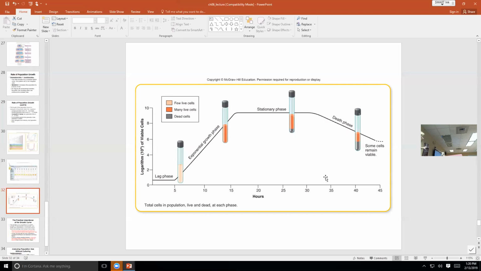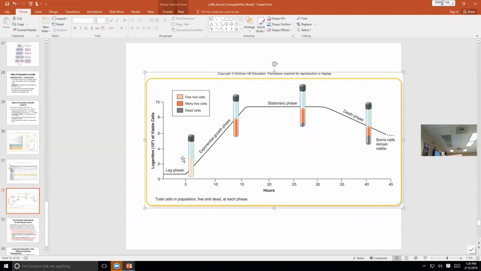What I want you to get from this is this: where we can most effectively treat disease-causing microorganisms with chemotherapeutic agents is when they're in this phase. They're most responsive to drugs when they're in this phase. So do we need to catch it here for most diseases? This is where we would want to catch it.